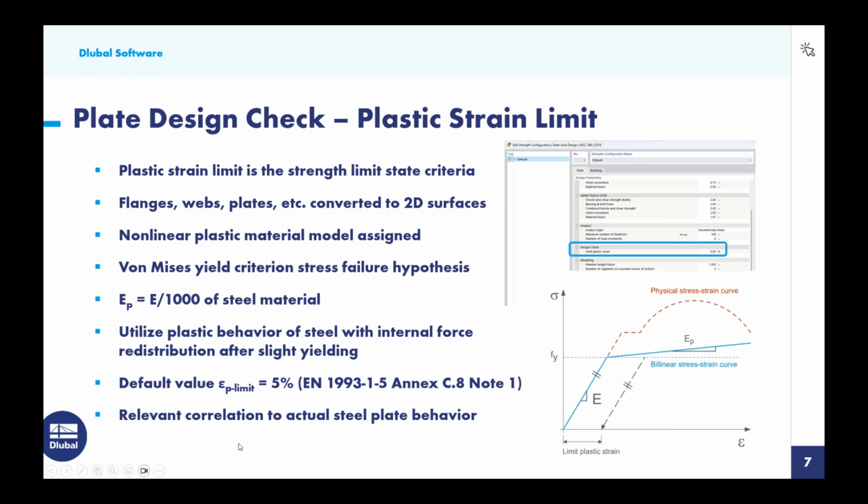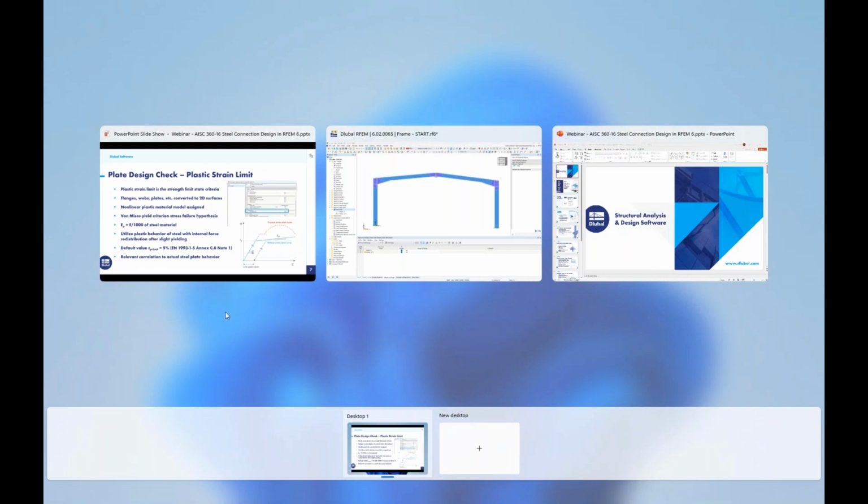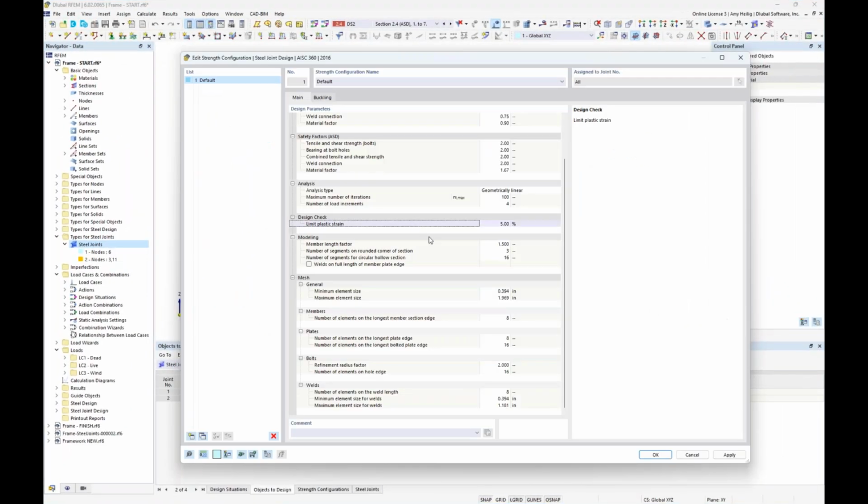But overall, there have been studies done on this that there really is good relevant correlation to the actual steel plate behavior by limiting the plastic strain instead of the stress. So again, that's what's going on here within our design configuration for all plate elements. This is the only check that we will carry out, by limiting that plastic strain.